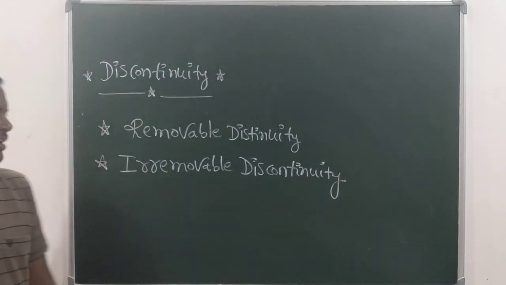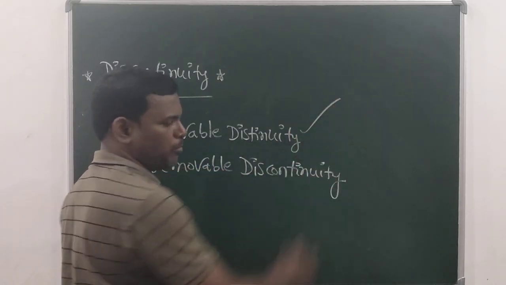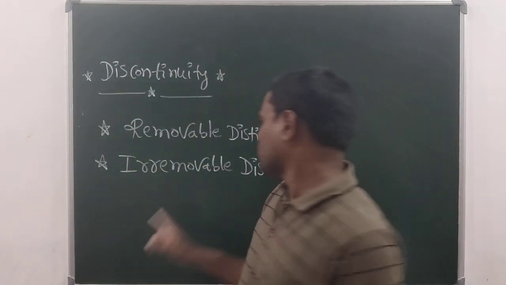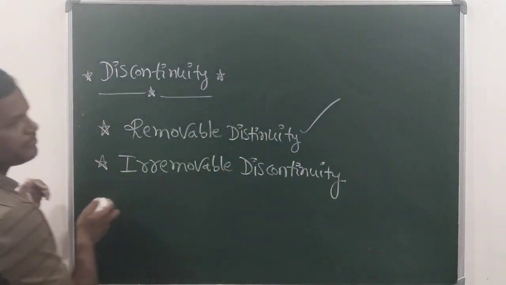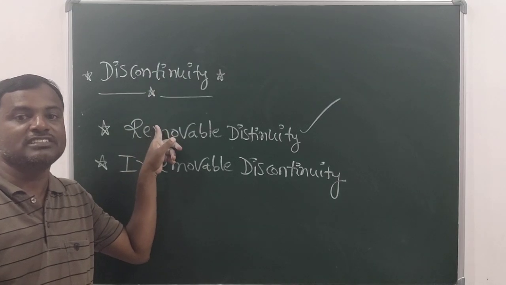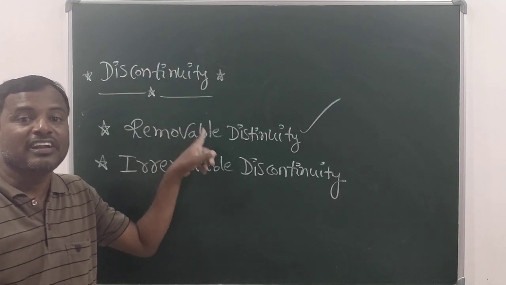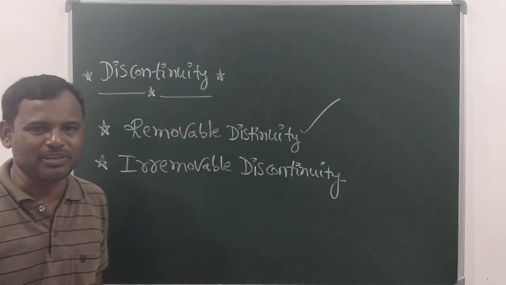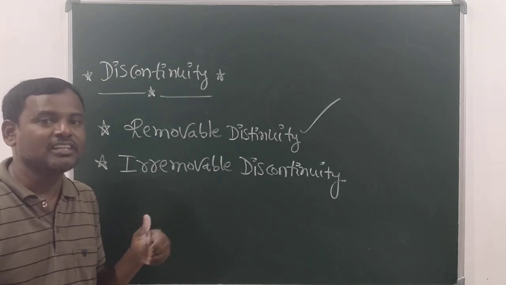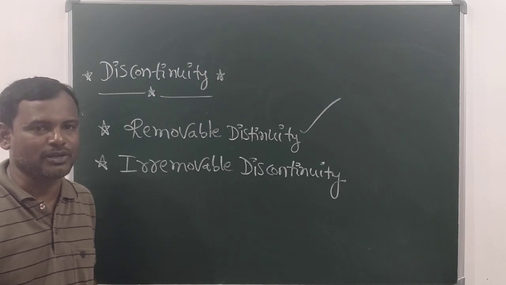Okay, now let us discuss this removable discontinuity. Later on we go to irremovable discontinuity. Okay, so when a function f of x is discontinuous, whenever that function is not continuous. If a function is not continuous, then it will be called discontinuous.